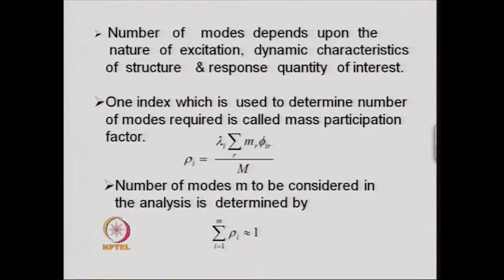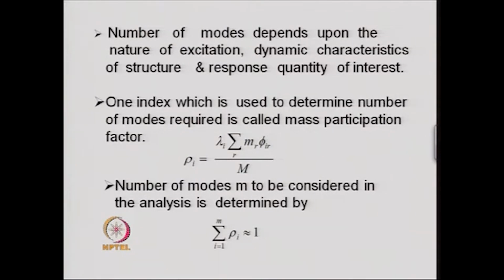The crucial point in the modal analysis is the number of modes that is to be taken into analysis. For example, if we have a structure having 100 degrees of freedom, then we will have 100 mode shapes and 100 frequencies. One of the objectives of the modal analysis was to obtain an uncoupled problem, that is, a coupled differential equation need not be solved.